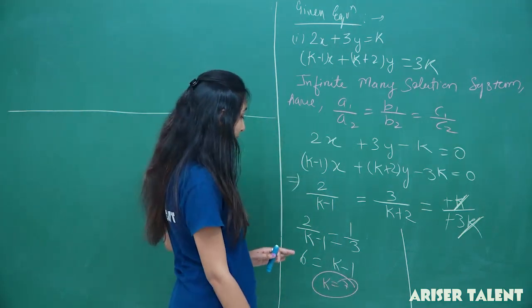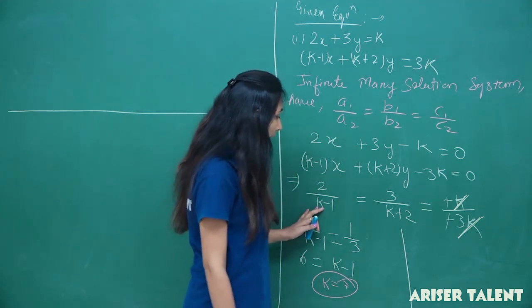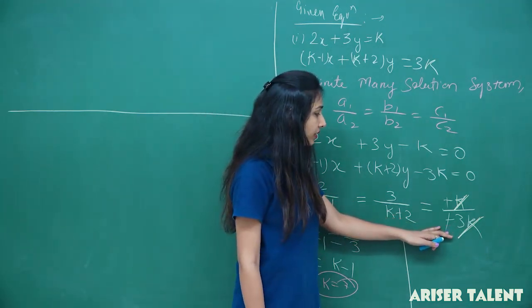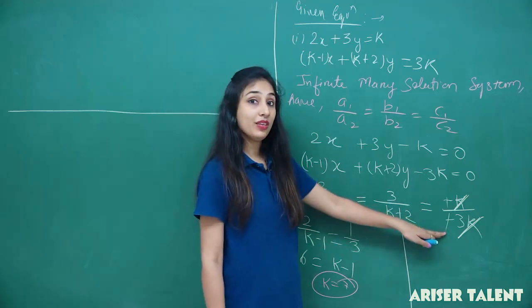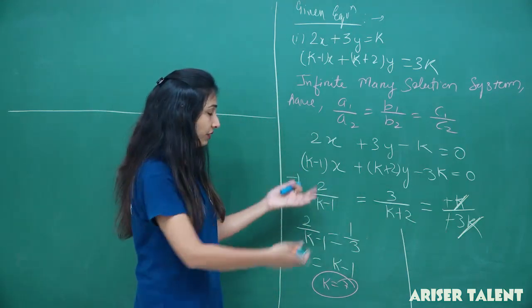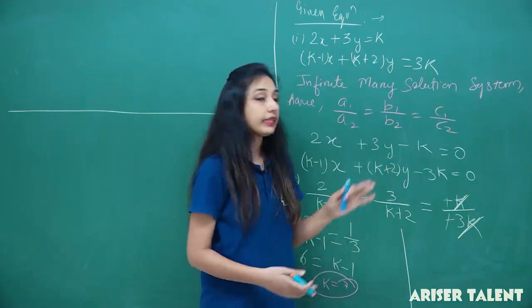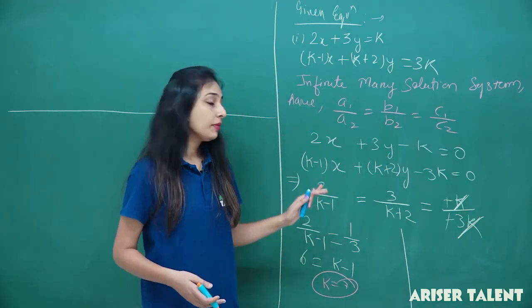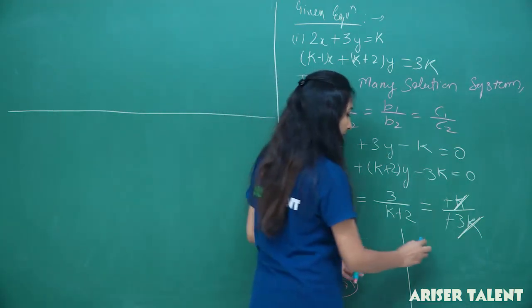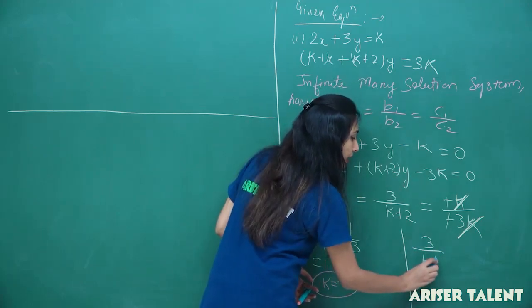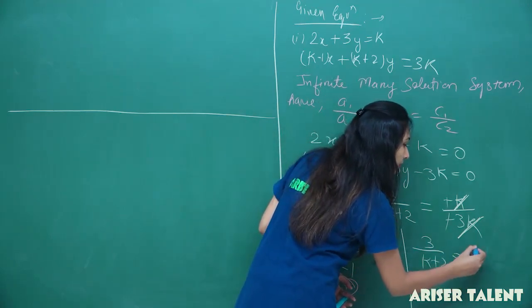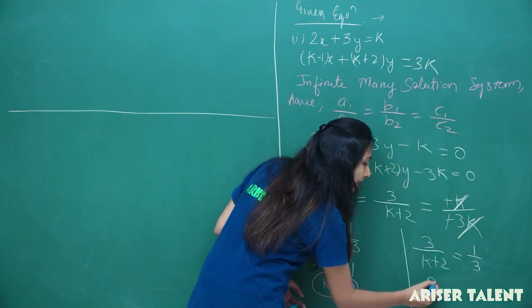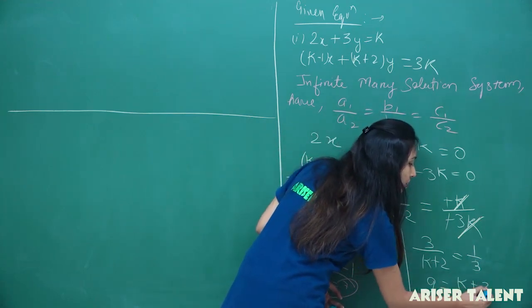Now you can ask me what if you pick these other two, because you have the privilege to select any two of them. Okay, select this one. That becomes 3 by (k plus 2) equals 1 by 3, that is 9 equals k plus 2.